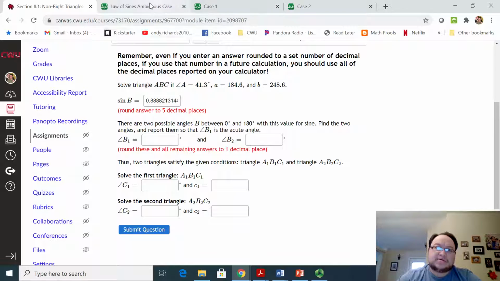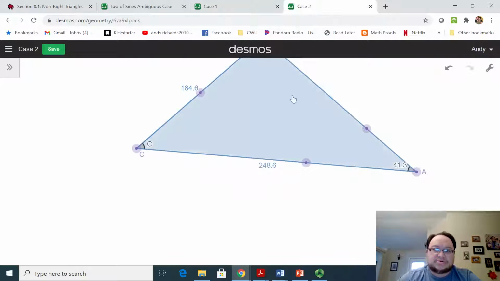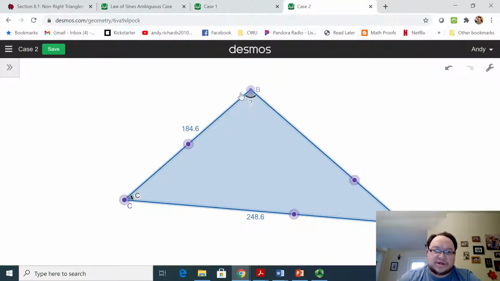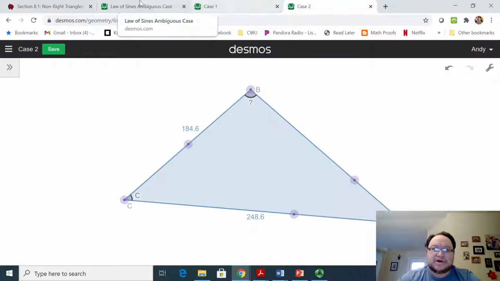In the first case, it would look something like this. But in the second case, b would be between 90 and 180 degrees, so it would look something closer to this, where this angle is more than 90 degrees. So those are our two possible triangles there.